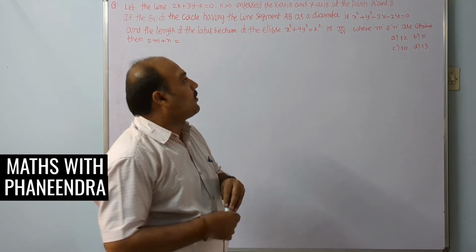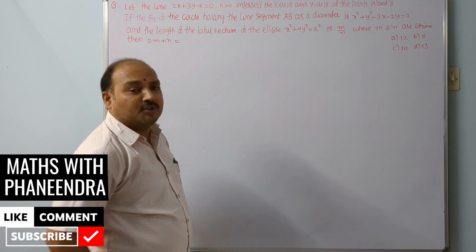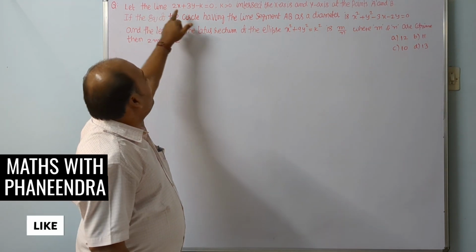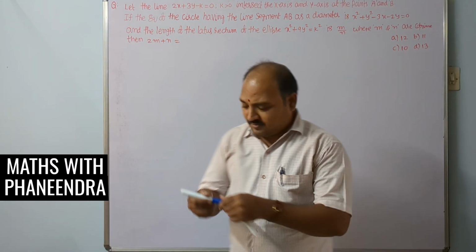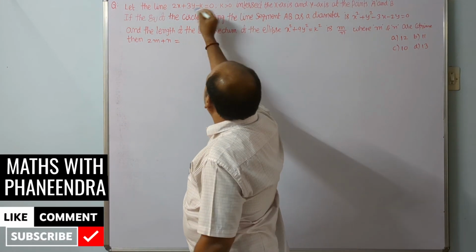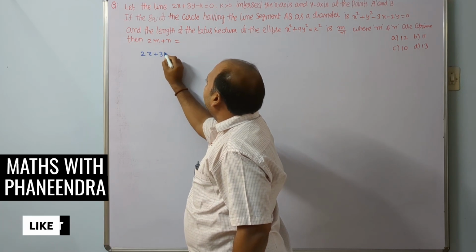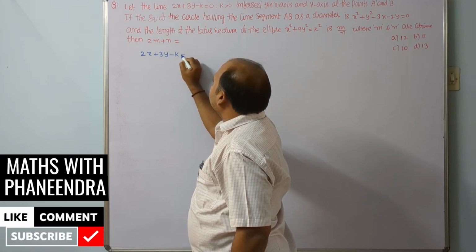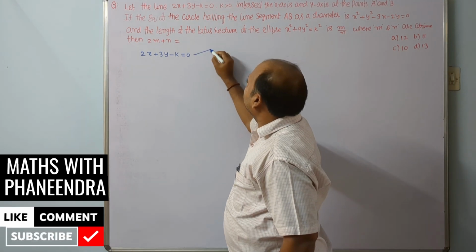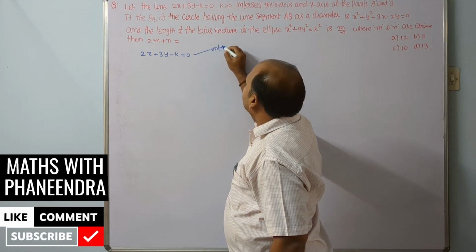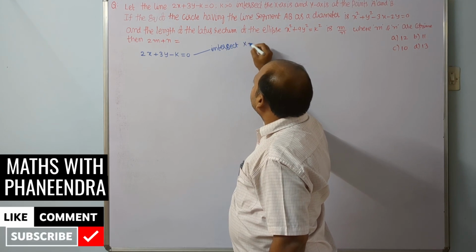To solve this type of problem, first we need to understand it. Twice or thrice you should read the question thoroughly, dear students. The line intersecting the x-axis and y-axis is 2x + 3y - k = 0.